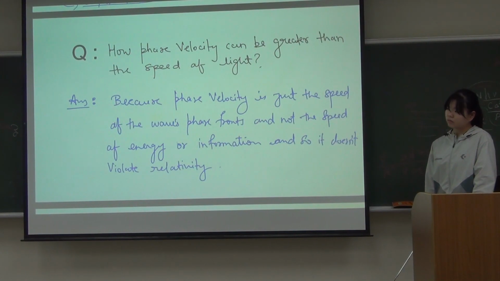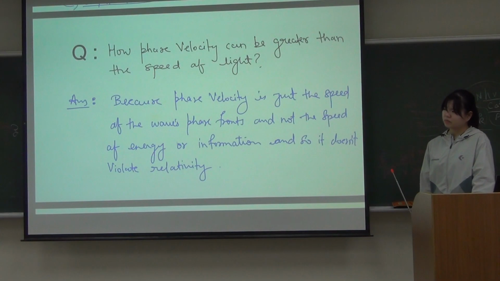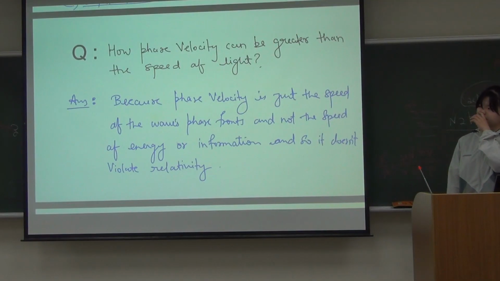For this class, I don't think you will do the calculation. So this is a little bit simplified answer that just tells the consequence, but not quite the rigorous calculation. The phase velocity indeed does not carry the information.